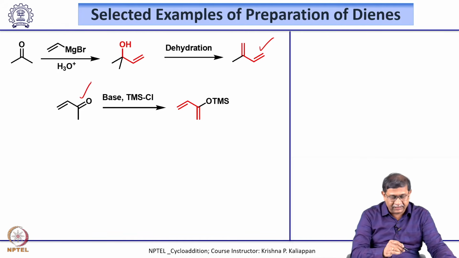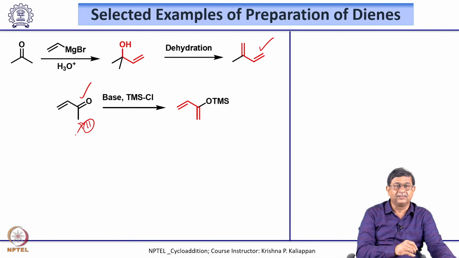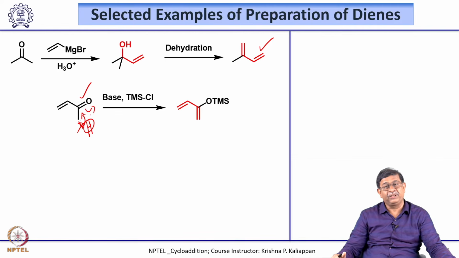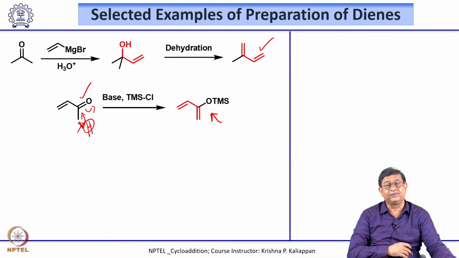When you have an alpha beta unsaturated ketone, one can generate an anion with a base, because this hydrogen is acidic, so you can deprotonate, and after deprotonation it can form an enolate. That enolate can be quenched with TMS chloride. Now you can see this is a very good diene.